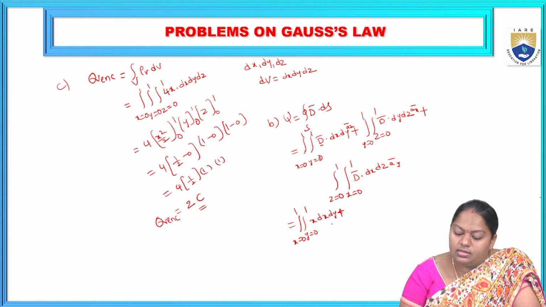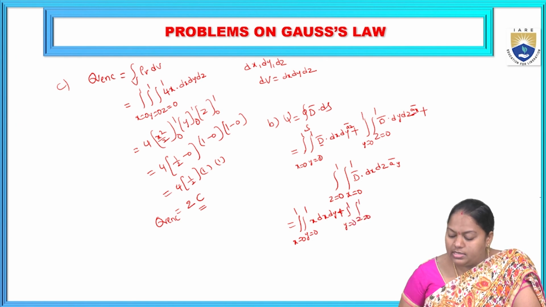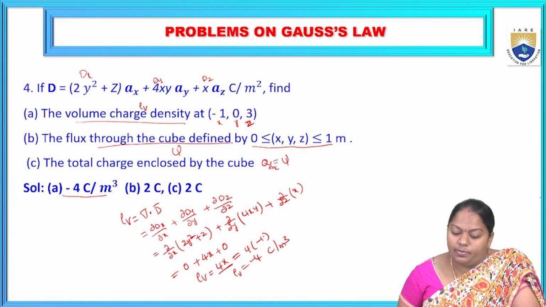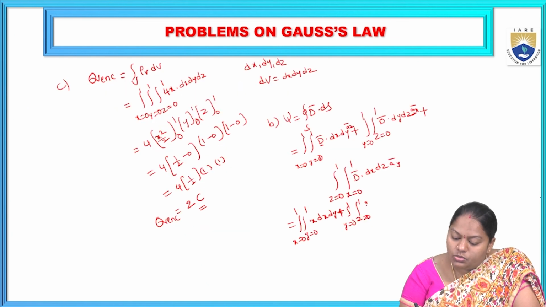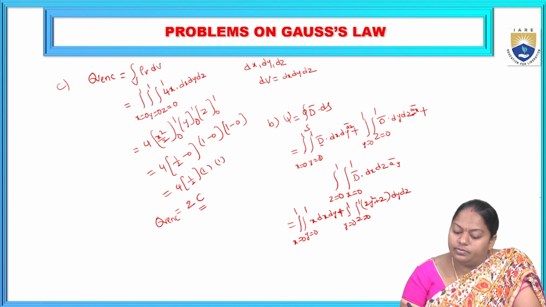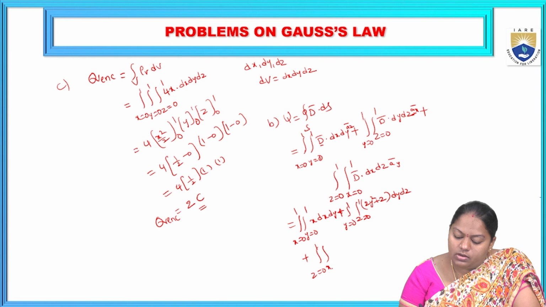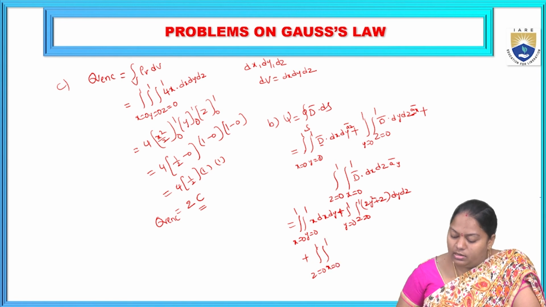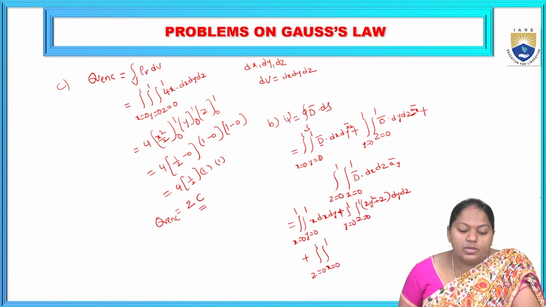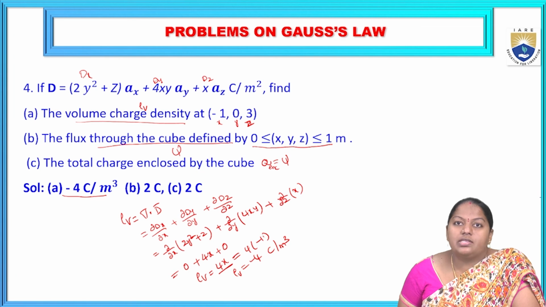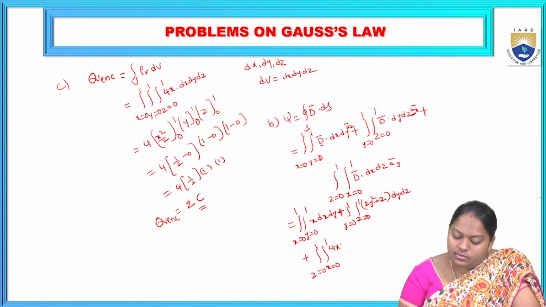Plus, similarly, y from 0 to 1 and z from 0 to 1, D in the x direction is 2y square plus z, into dy dz, plus the integral with z from 0 to 1 and x from 0 to 1, then D in the y direction is 4xy, and dx dz.